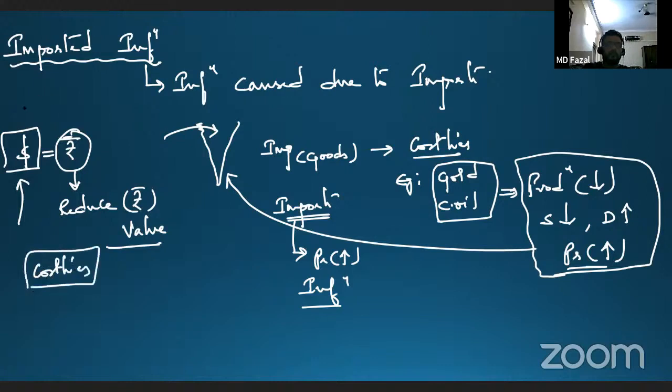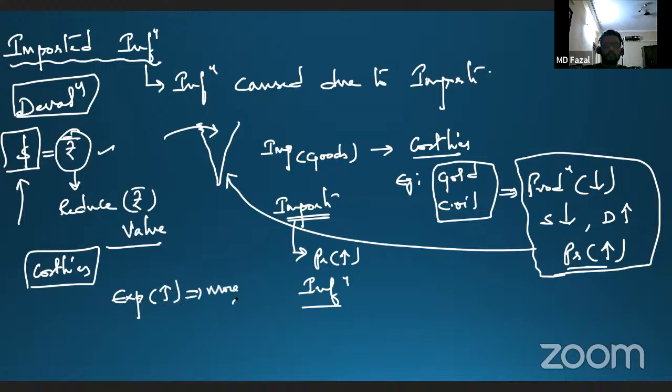This is nothing but devaluation. Devaluating means reducing the value of your own currency. Why do you reduce? Because your exports can increase. It will give you more returns in terms of dollars. Definitely your exports increase and the value of rupee decreases.